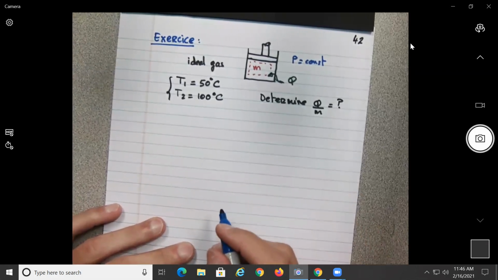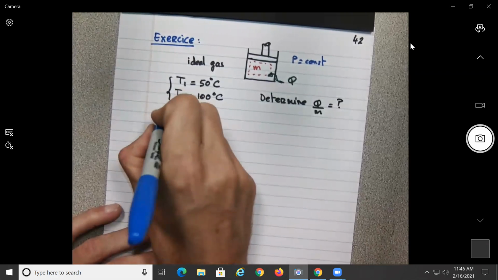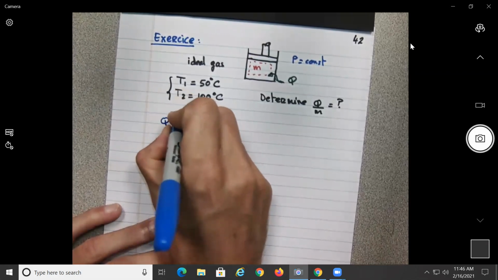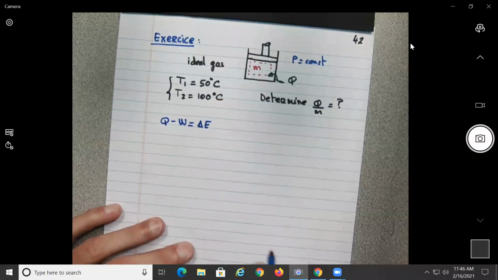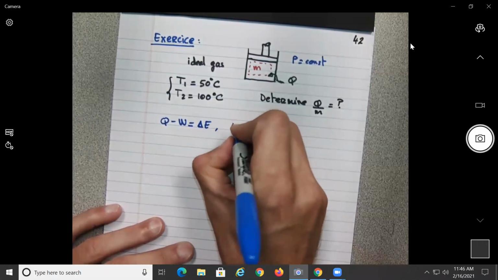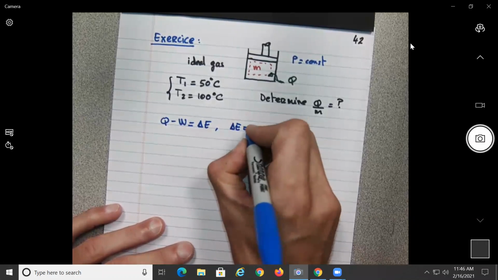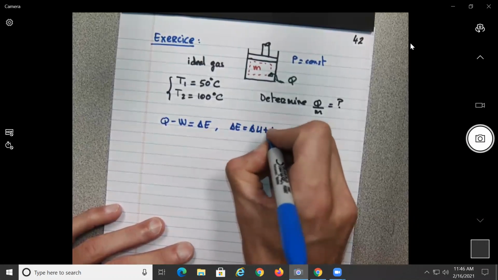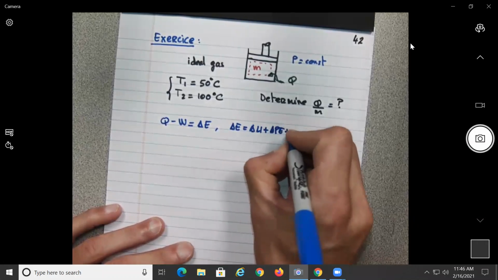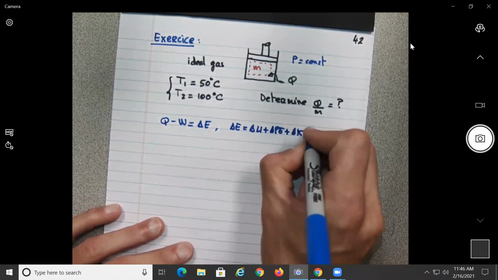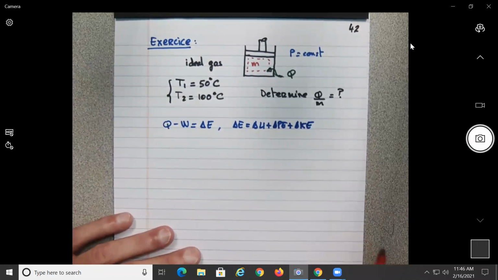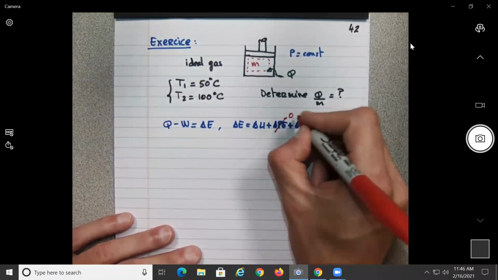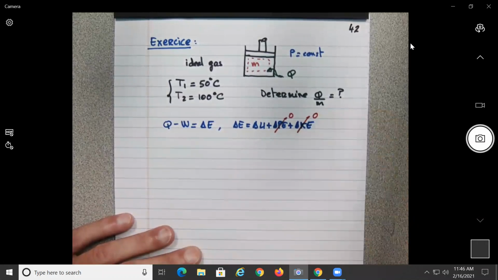First thing would be to apply the first principle of thermodynamics, which is what? Q minus work equal to change in energy, where we know that the change in energy is equal to the change in internal energy plus the change in potential energy plus the change in kinetic energy. In this case, we can neglect the potential energy and the kinetic energy.